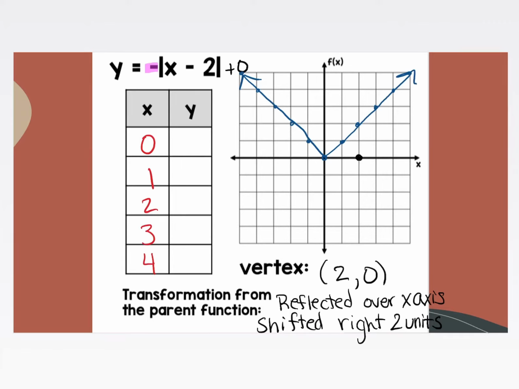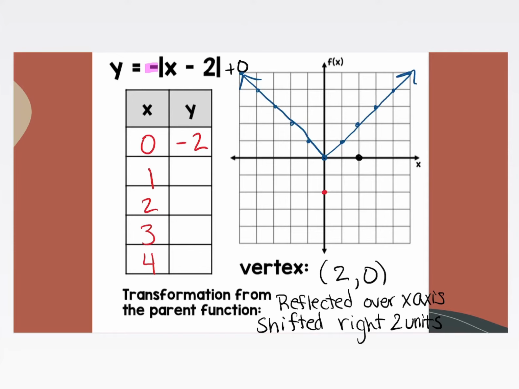Let's plug in these values. So if we have negative 1 times the absolute value of 0 minus 2, that gives us positive 2, times the negative gives us negative 2. That is our point right here.